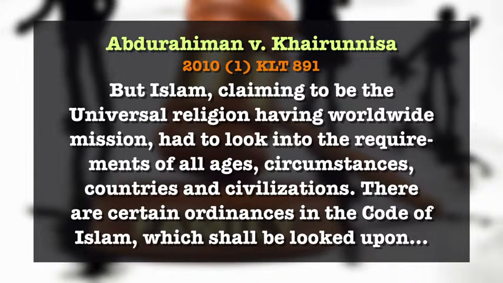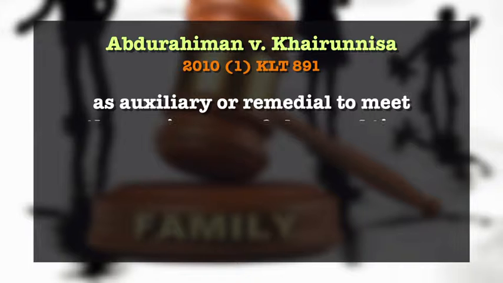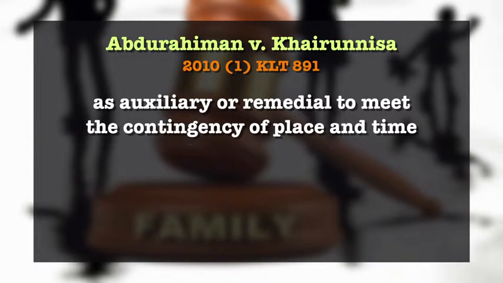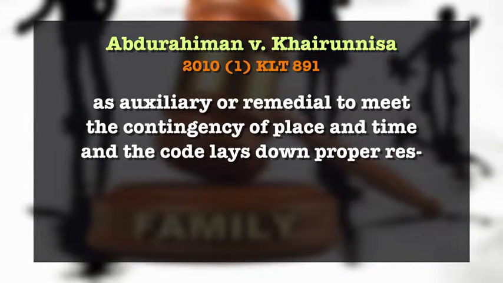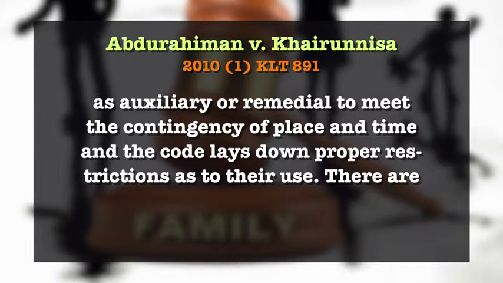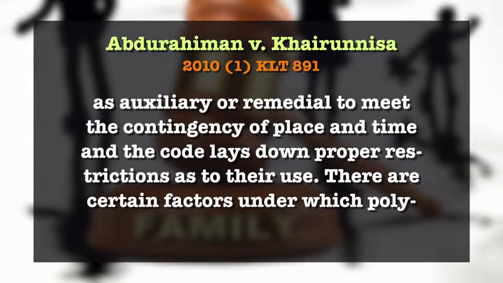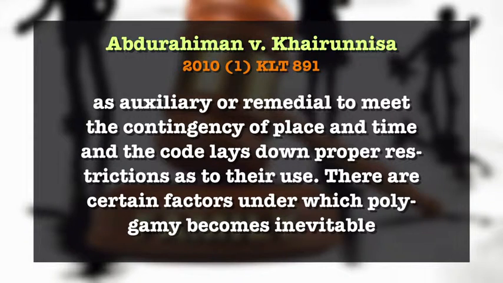There are certain ordinances in the codes of Islam which shall be looked upon as auxiliary or remedial to meet the contingency of place and time, and the code lays down proper restrictions as to their use. There are certain factors under which polygamy becomes inevitable.